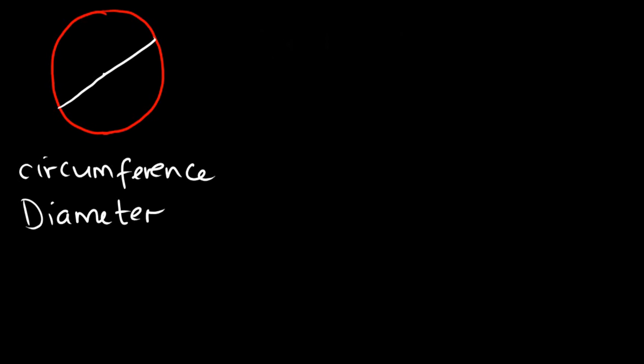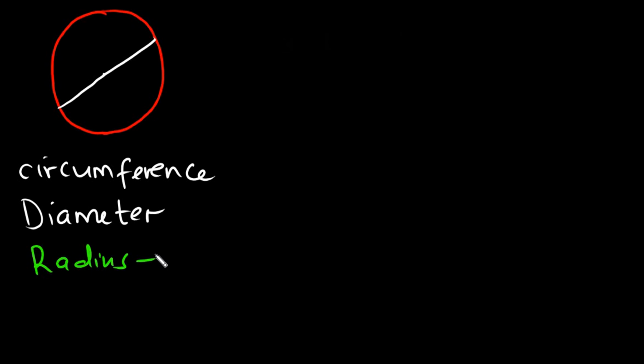So this is not a diameter, because yes, it is a distance between 2 points on the circumference, but it is not through the center. For it to qualify to be the diameter, it must be through the center of the circle.